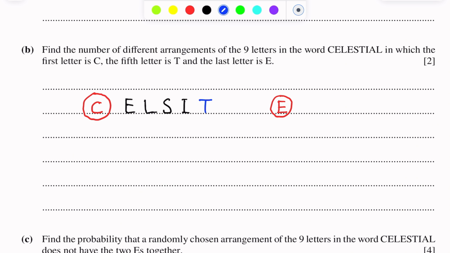And the remaining letters are A and L, so we write here A and L. Now the restrictions are completed.